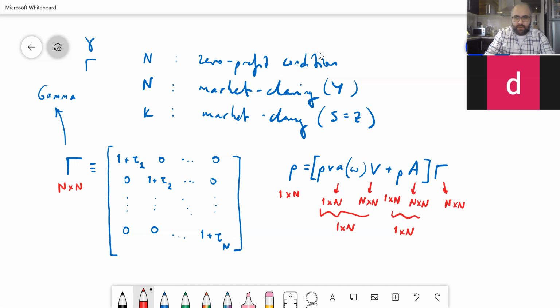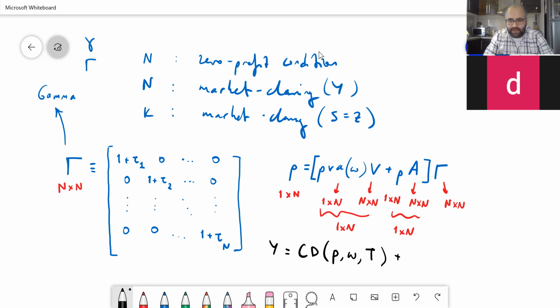Now we also have the supply and demand, right? So if you recall, we have supply equal to consumption demand. Now consumption demand depends on product prices, factor prices, but now it depends on the transfer, right? Because the consumers' income will now also depend on this. And plus, we have the intermediate input demand.